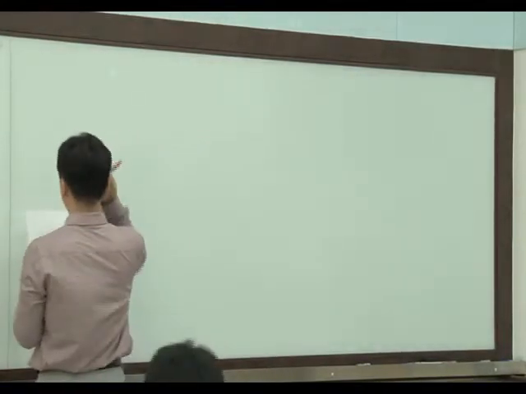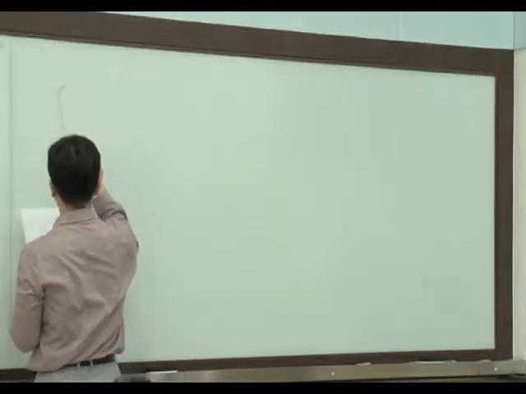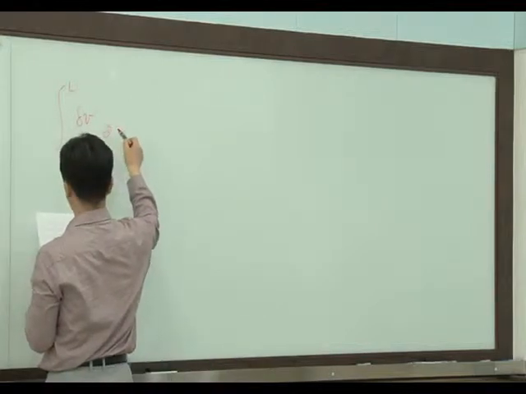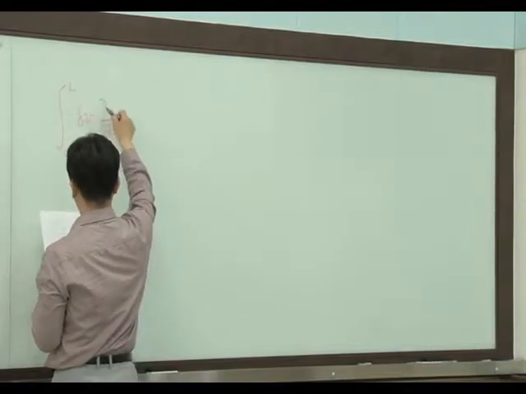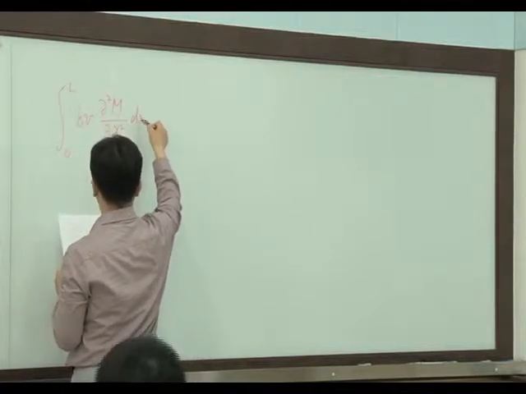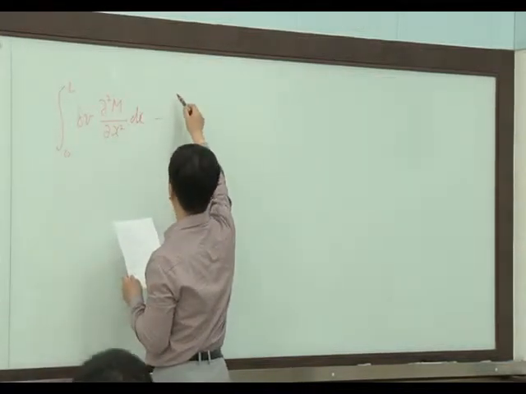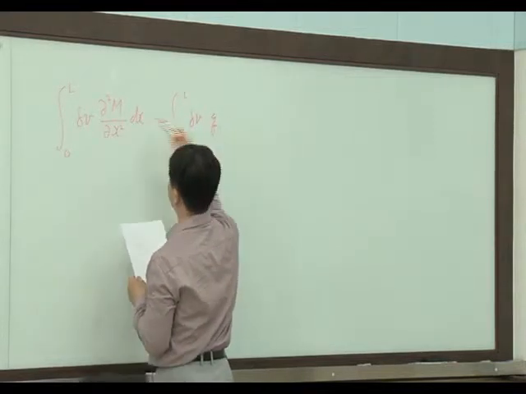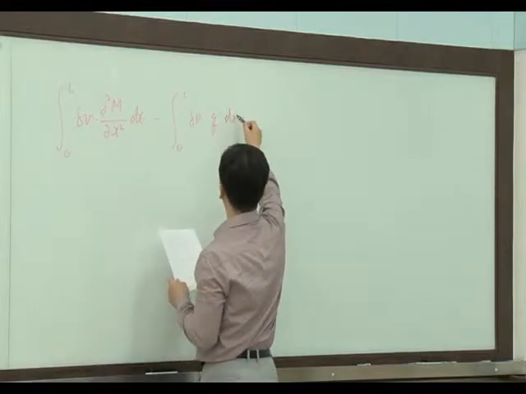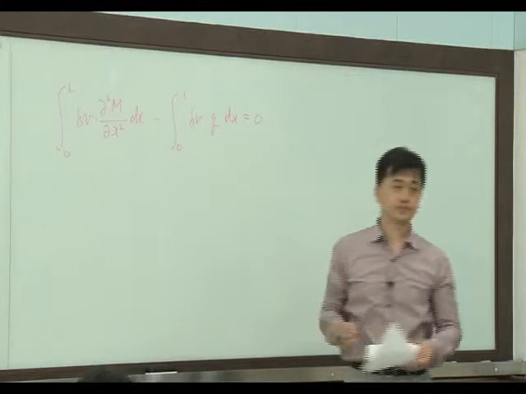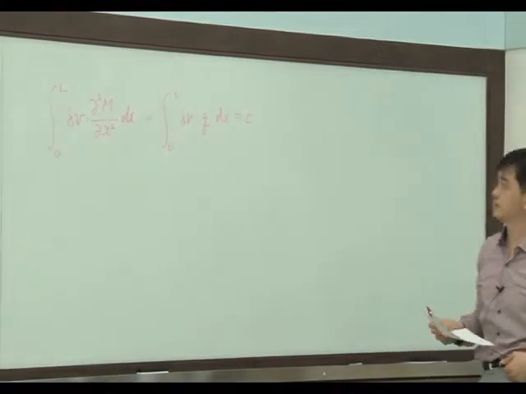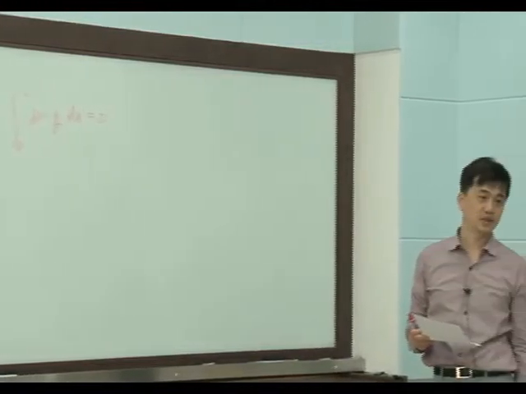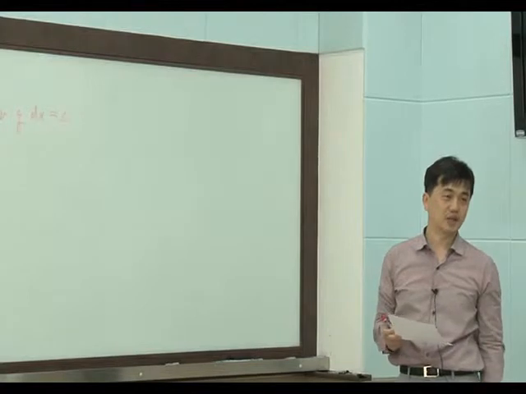Okay, so that equation can be divided into two parts: the integral from 0 to L of v m'' dx minus the integral from 0 to L of v q dx equals 0, right? When we derive the principle of virtual work, we use integration by parts, right?